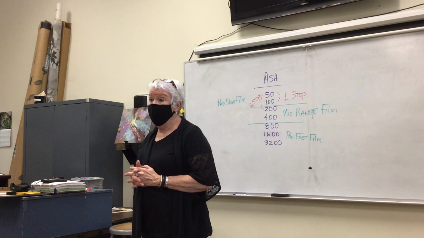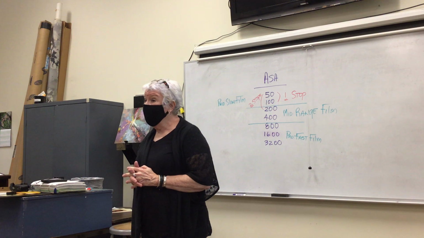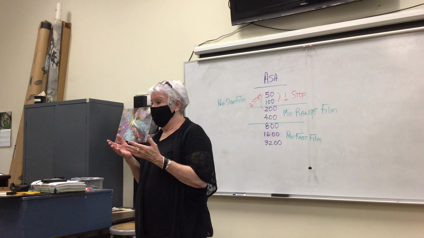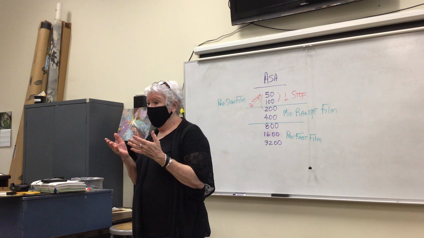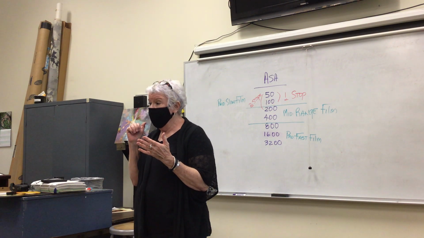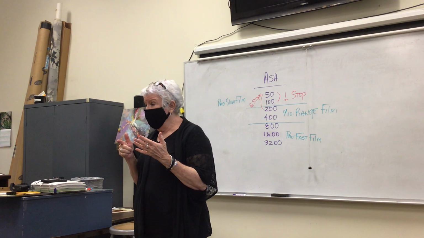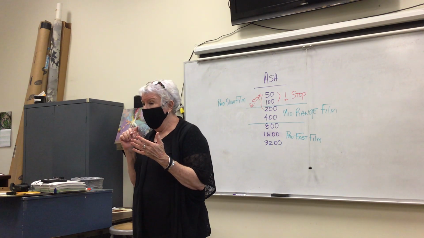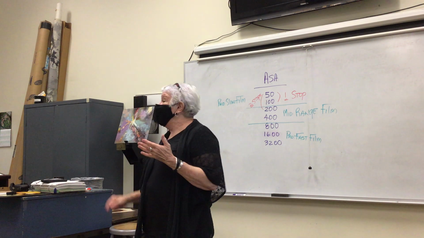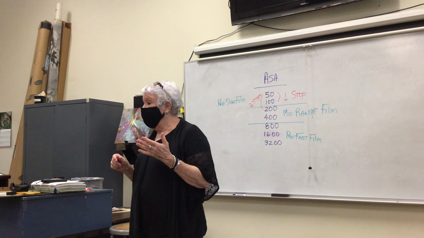For ASA 400, it'd be 1/250th of a second, because we want this slightly overexposed. But if we were shooting ASA 200 and not 400, what would it be? Yes, because you want to slightly overexpose.